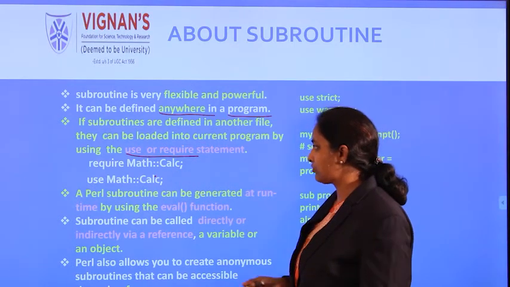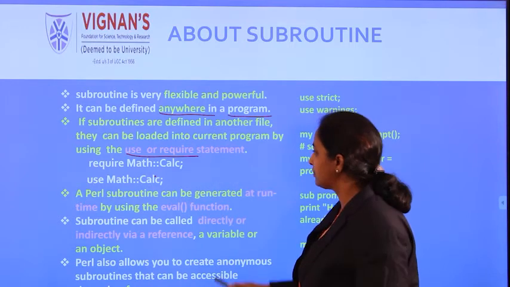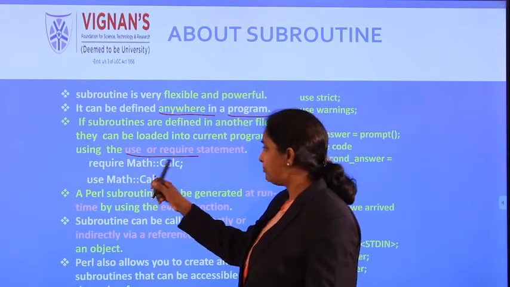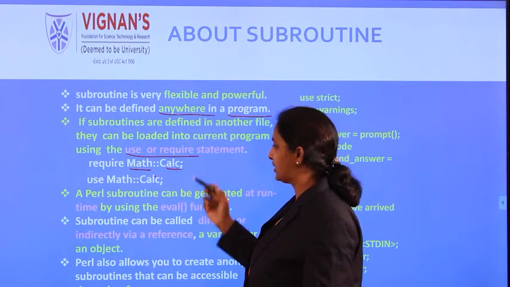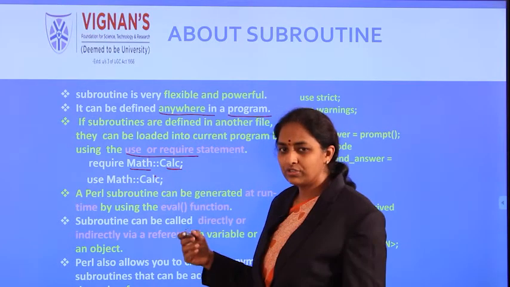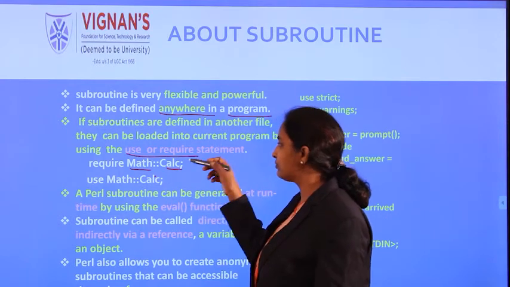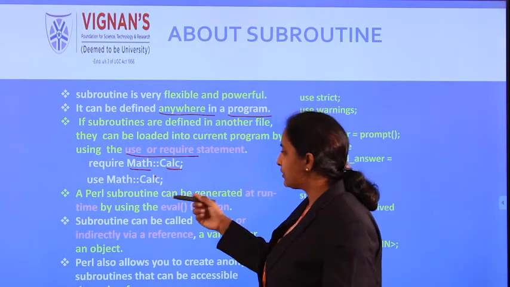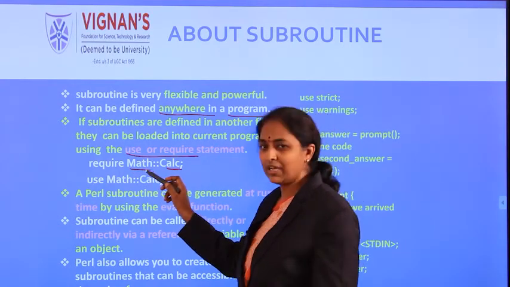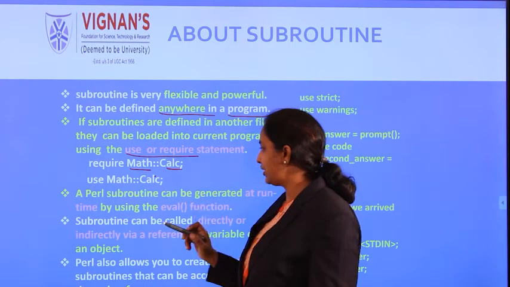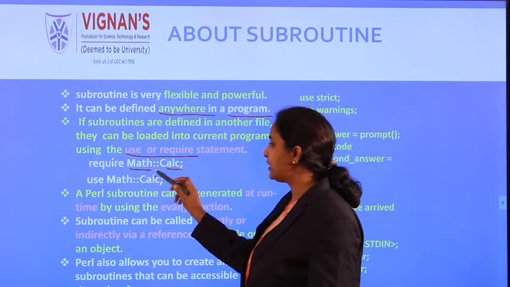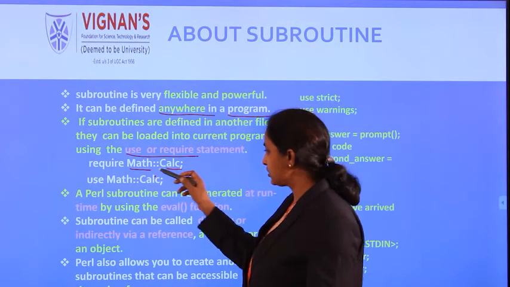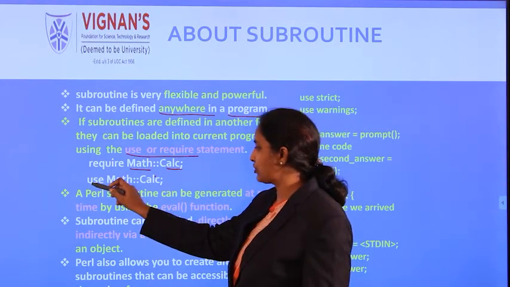Suppose you see here a math directory or math file is there, and in that a calc function is there. Now you want to use that calc function in your program, then you can simply require math, which is the directory or the file name where your calc function was.